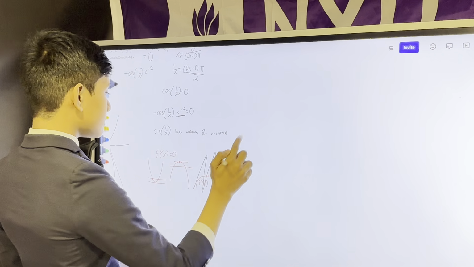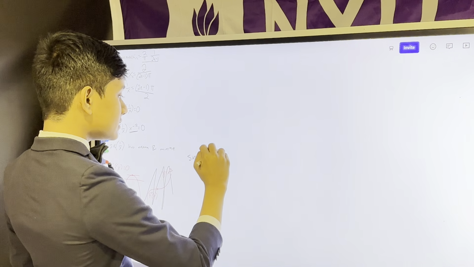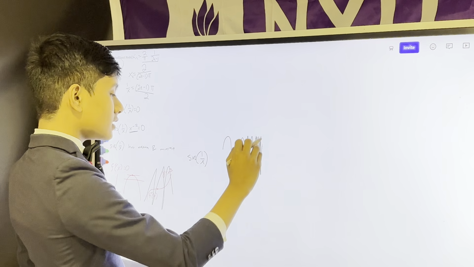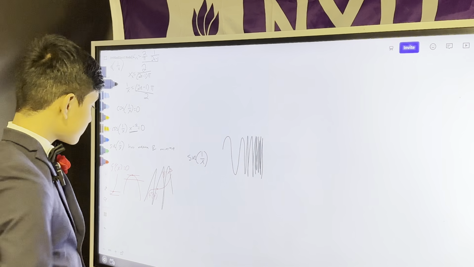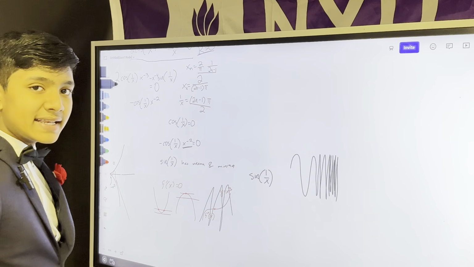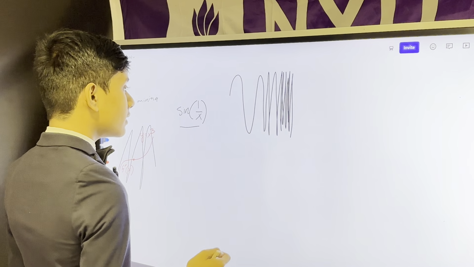Because sine of 1 over x is kind of like sine, but the frequency just increases, which means that, of course, when you take the derivative twice, what you're seeing in essence is kind of just sine of 1 over x again.